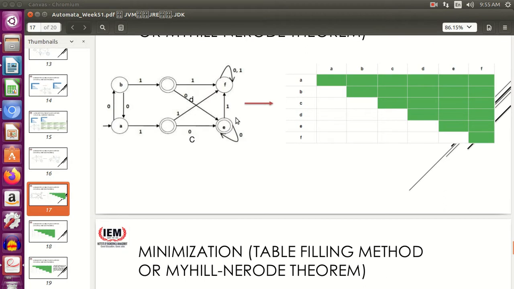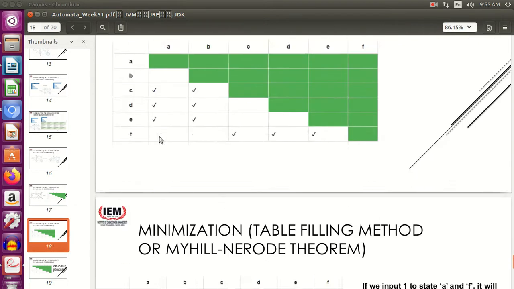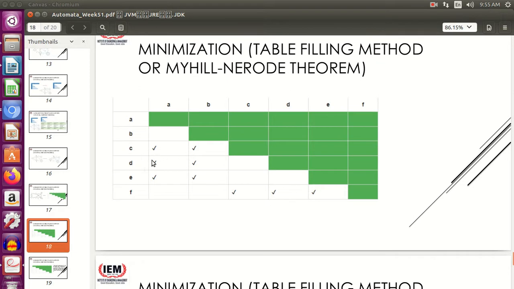Basically, because the criteria is one should be final and one should be non-final state, any such entry where we have two final states cannot be marked. So the pair CE, the pair DE or the pair CD cannot be marked. If you check over here, the pair CD has not been marked, the pair CE has not been marked, because one should be final and one should be non-final.